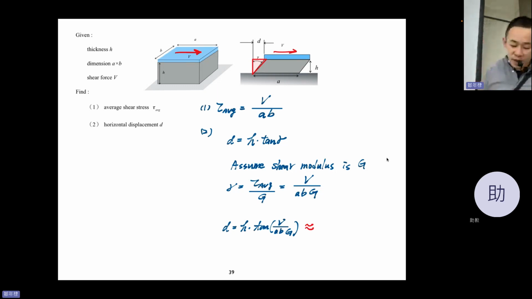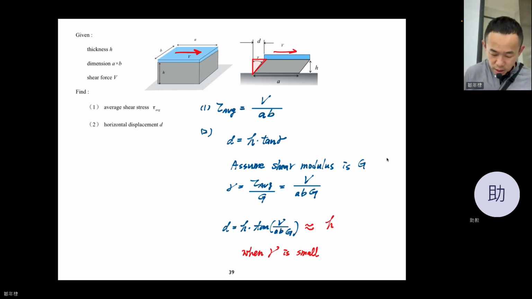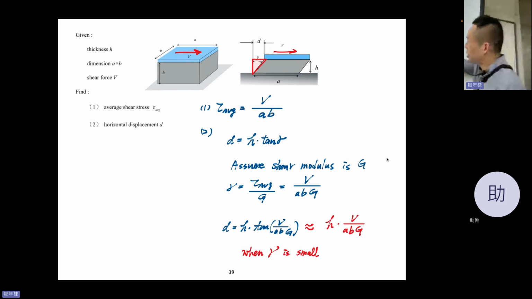If gamma is small, which means shear strain is small, the tangent will approximately equal its argument. Naturally you can ignore the tangent and just use the radian inside.